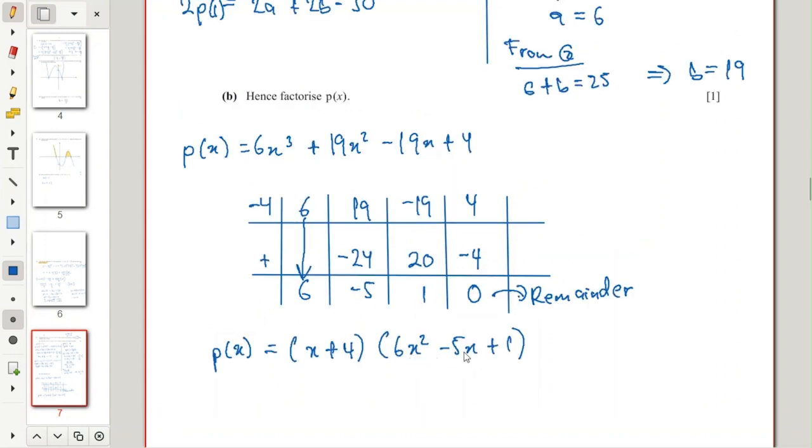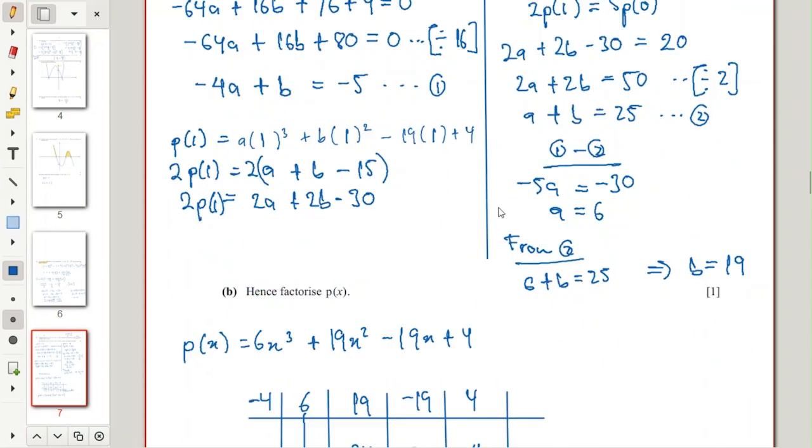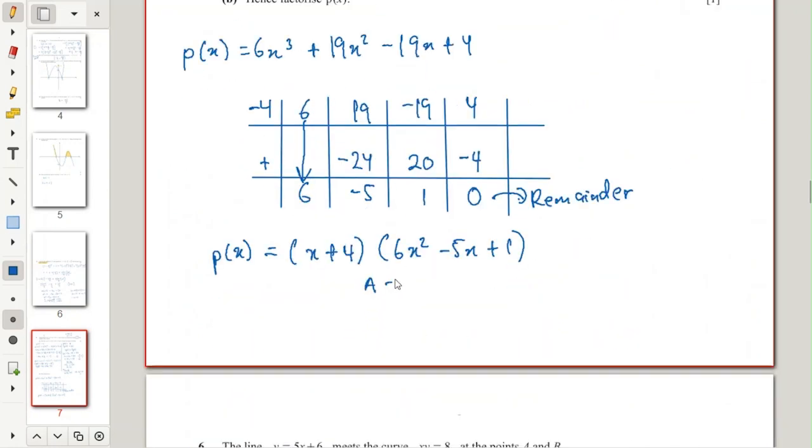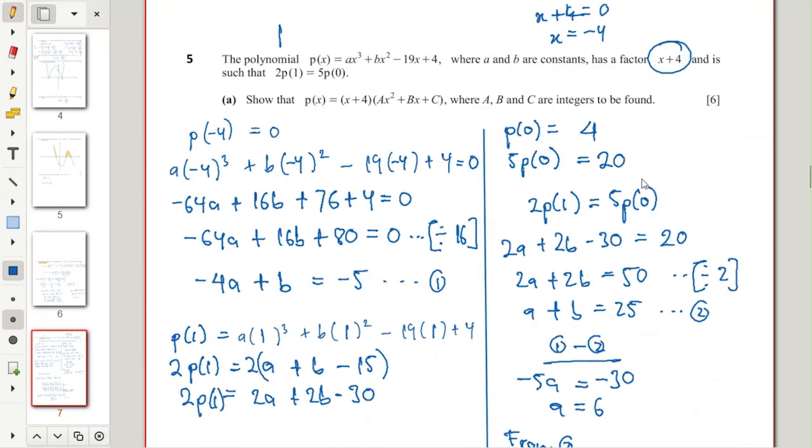So yeah, this is going to be my quotient. So they say I should write it in this form, where A, B, C are to be found. A is 6, B is negative 5, and C is 1. It can be more hard, all these things, for 6 marks.